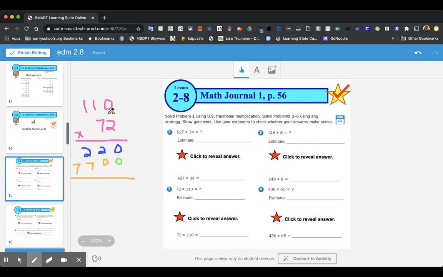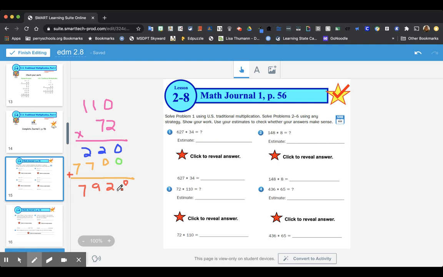So 110 times 70 is 7,700. And remember, now we're going to add these two together. So that's a 0, 2, 9, and 7. The answer is 7,920.